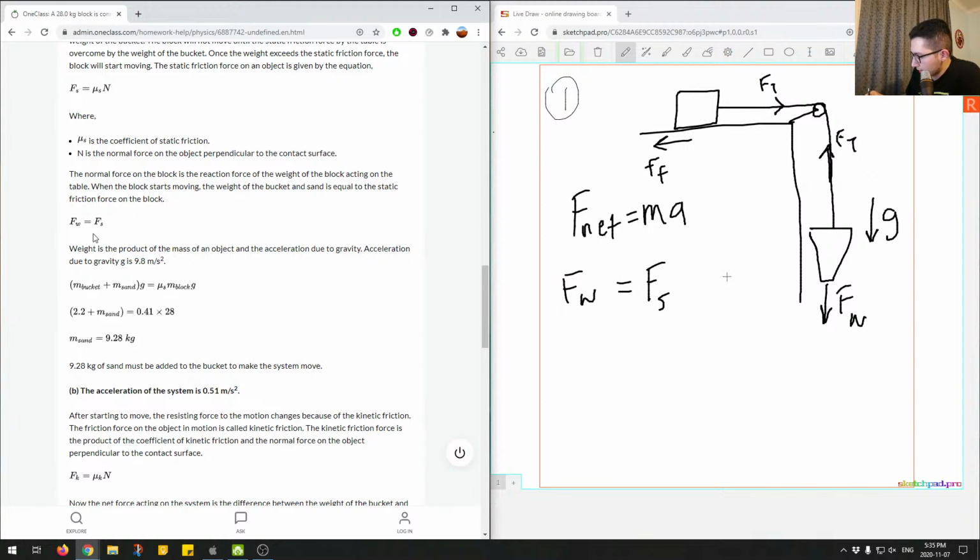So here we know that FW is the mass times gravity, the total mass, so the mass of the bucket and the mass of the box. So I'll write this as MT times gravity, and this is equivalent to the force of friction. So here let's relabel that actually. So this is actually Fs.